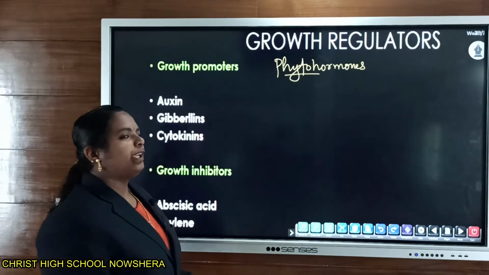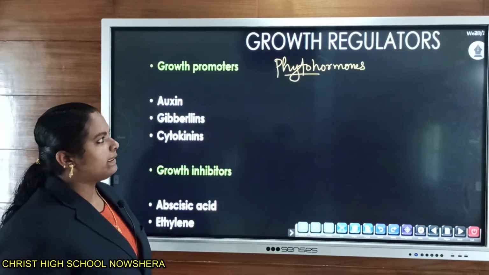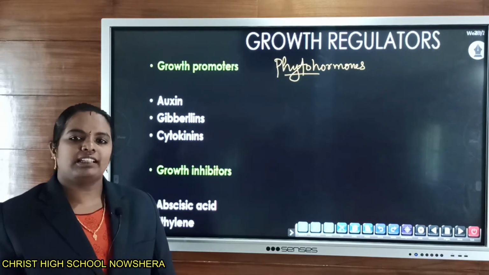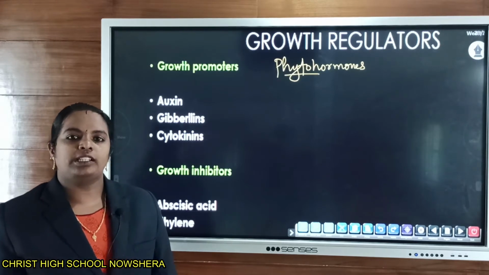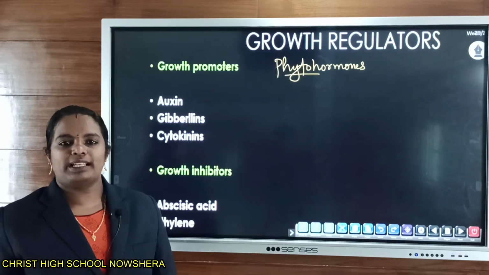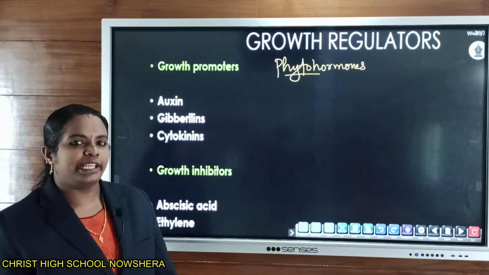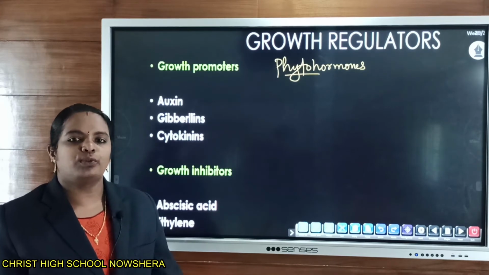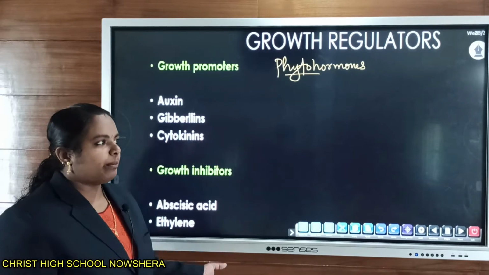Phytohormones means plant hormones. Phytohormones or growth regulators are certain chemical substances which are secreted from the plant's body to control and coordinate all the processes that take place inside the plant body, like growth of the plant body, cell division, ripening of fruits, falling of leaves, the germination process, and seed dormancy.